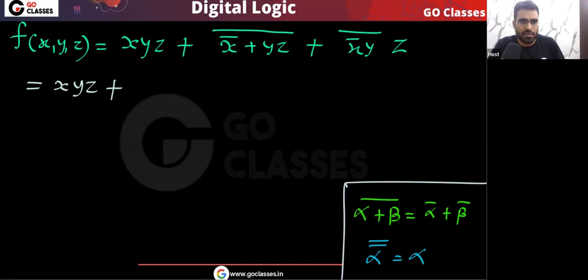If you apply the De Morgan law, complement of x bar will be x, this or will become and, and here you will have (yz) whole complement. Now remember, (yz) whole complement you can write as y complement or z complement.